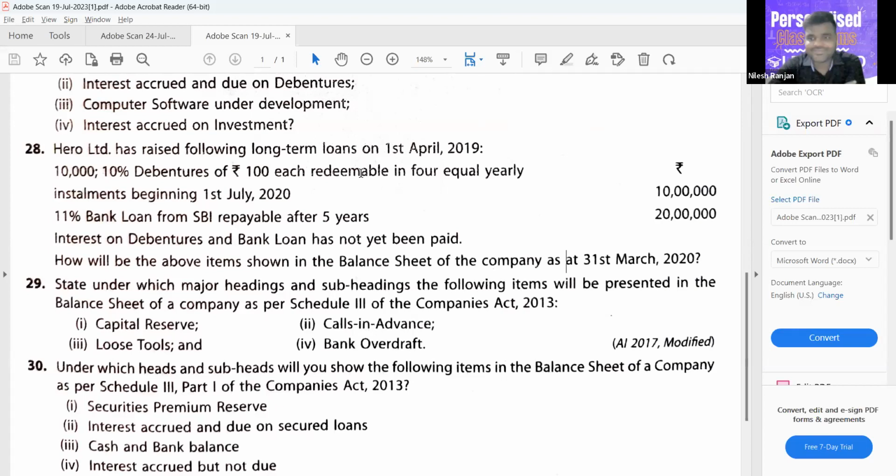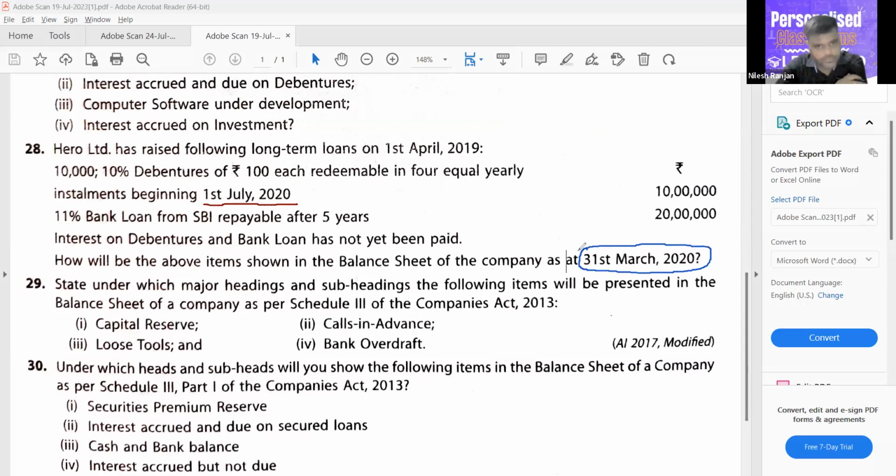So you can see here 10,000, 10% debenture of rupees 100 each, redeemable in 4 equal yearly installments beginning from 1st July 2020. So you can tell me the first installment is payable on 1st July 2020. And we are closing our books on 31st March 2020.